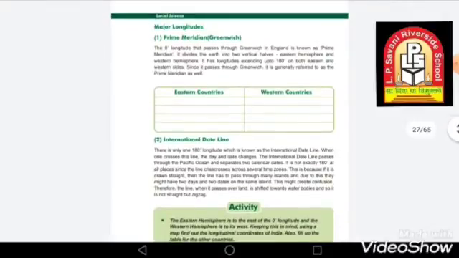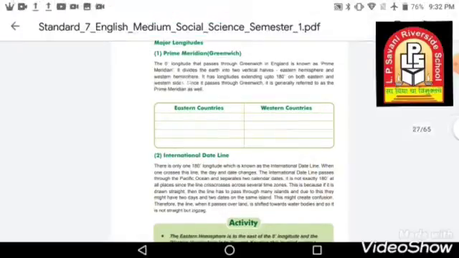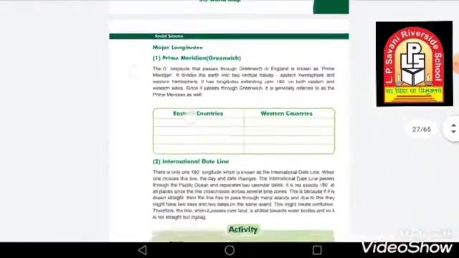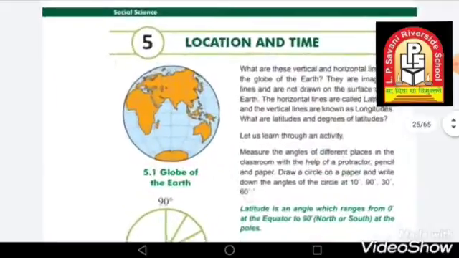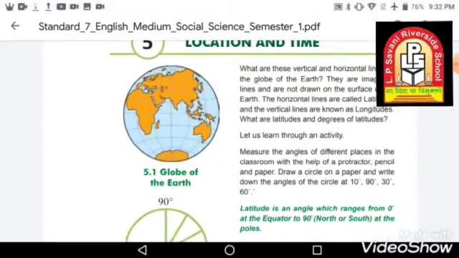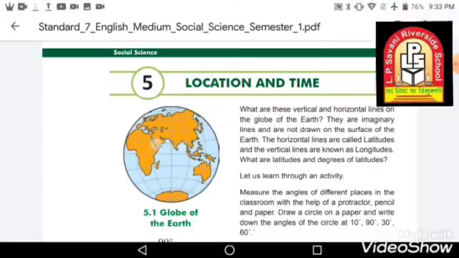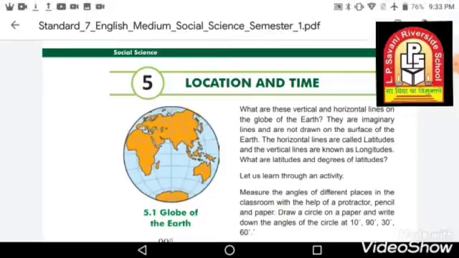Along with that, I also explained the international date line. The line which cuts the 0 is called the prime meridian, and the longitude increases on both sides. In this picture I'll show you how it goes. Here you can see this is 0. For example, this line is the 0 degree line, and on both sides the longitudes increase.